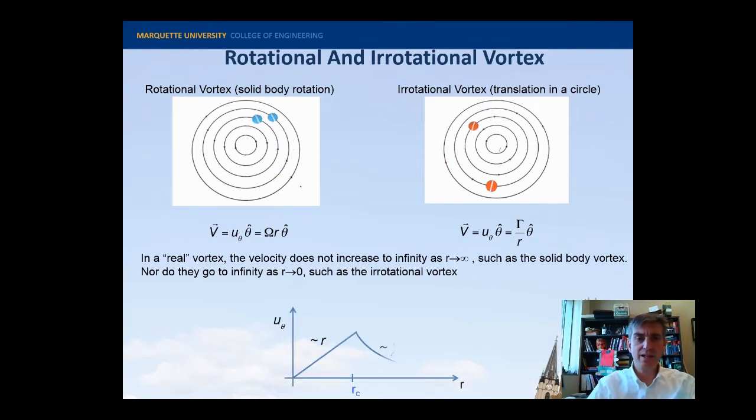So in reality, when we model real vortexes, we combine these two. We combine the linear increase in the theta velocity by utilizing a rotational vortex, and then at some critical radius, we decay the velocity by 1 over r. So the construction of these two is really how one would model a vortex in reality.